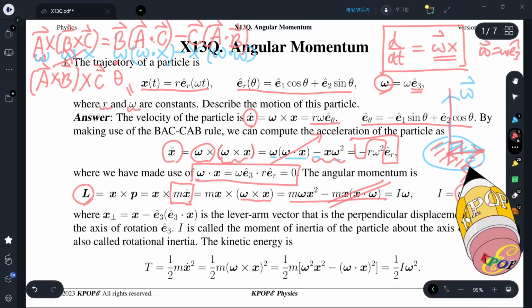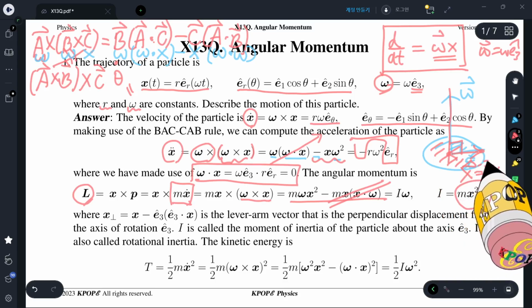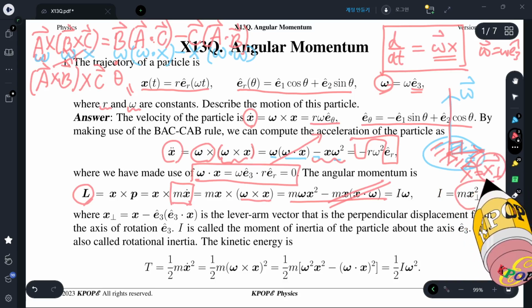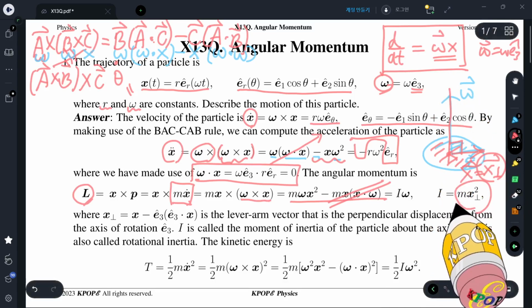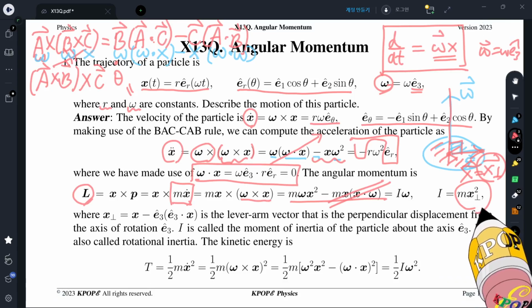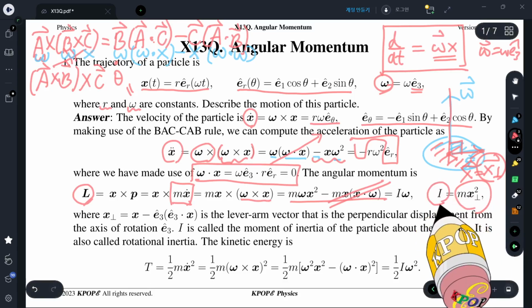This x is nothing but the perpendicular distance vector, also called the lever arm vector, from the axis of rotation. Mass times lever arm vector squared is called moment of inertia or rotational inertia.